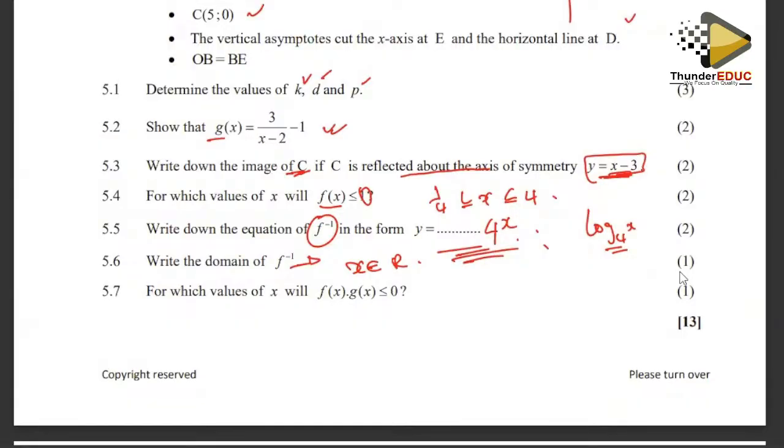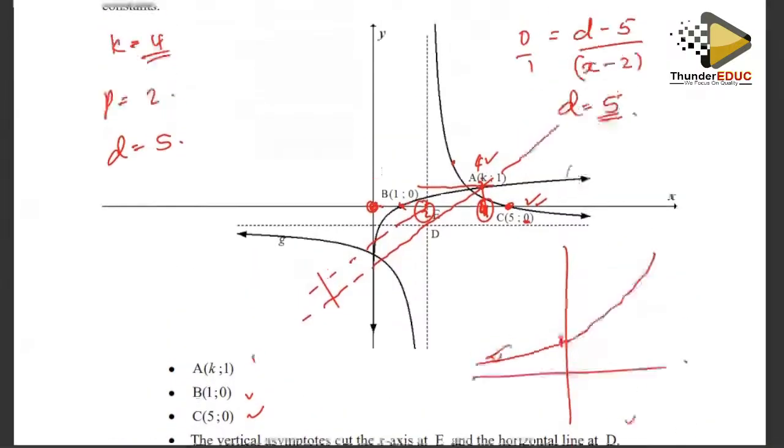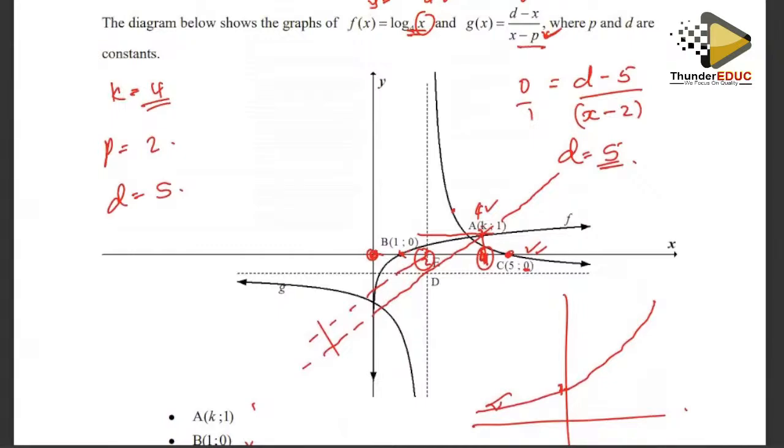All x values. Then where do we find f of x to be less or equal to 0? Where do we get the negative results? So 1 is below, 1 is above. Do you see this point 1, and then this point 2?